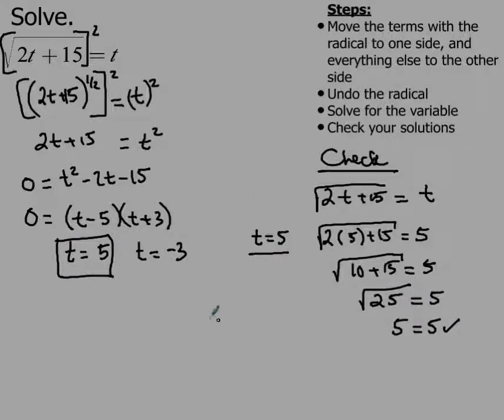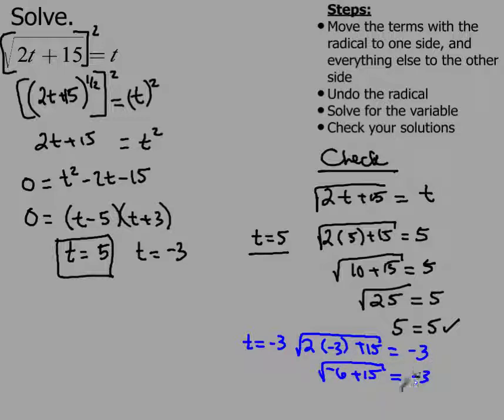Now, if I do the same thing with t equals negative 3, I'm going to have the square root of 2 times negative 3 plus 15, and see if that is equal to negative 3. 2 times negative 3 is negative 6 plus 15 underneath the square root is equal to negative 3, and negative 6 plus 15 is going to give me 9.